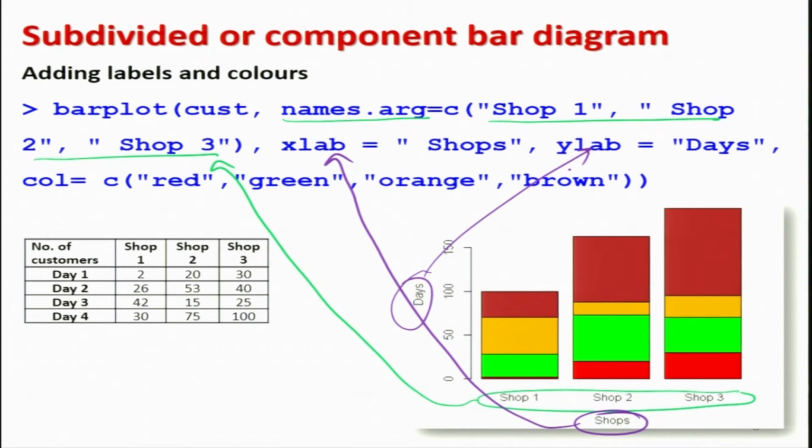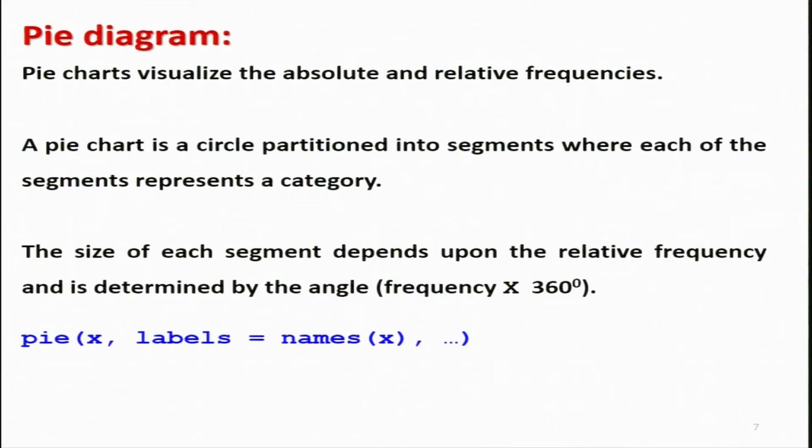And similarly, if you want to change the color of these subdivisions, you have to give them under the option col, and you just separate all the colors within double quotes by commas. For example, here I've given red, green, orange, brown. So first is red, green, orange, and here brown. Right. So this is how you can add labels and colors to this subdivided bar diagram also.